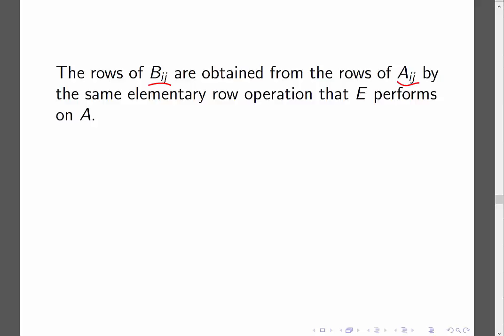That means that row 3 is left unchanged, and I do cofactor expansion along row 3. All of the cofactors will be 3 by 3 matrices, and in those 3 by 3 matrices, we're going to be swapping the first 2 rows. So Bij and Aij are going to have the exact same thing done to them.